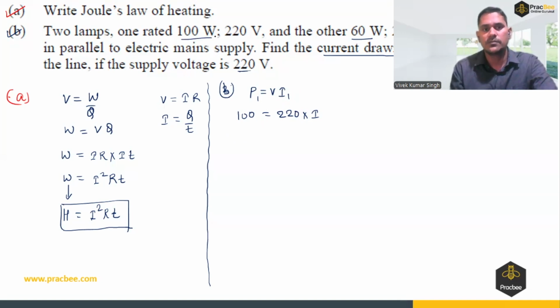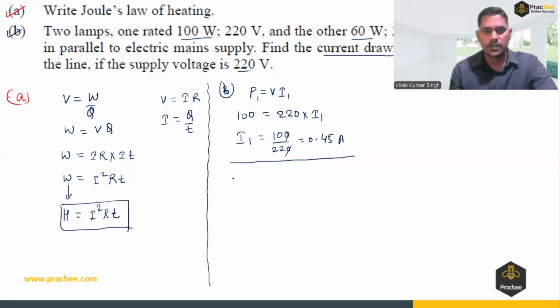So I1 would be equal to 100 over 220. This 0 gets cancelled, so we get 10 over 22. 10 divided by 22 is 0.45 ampere. This is the current through the first bulb.